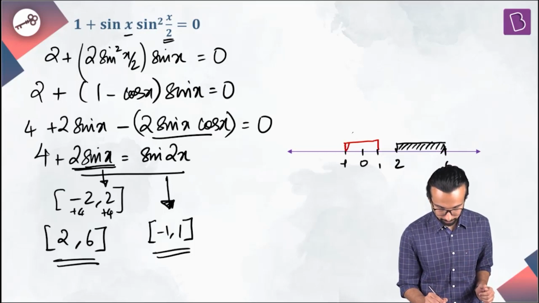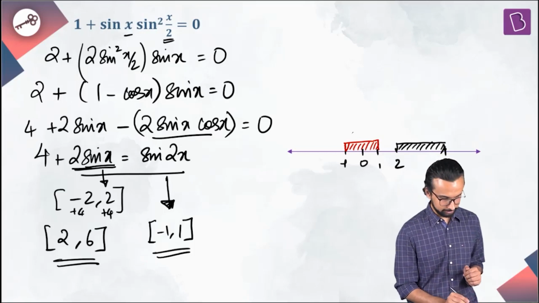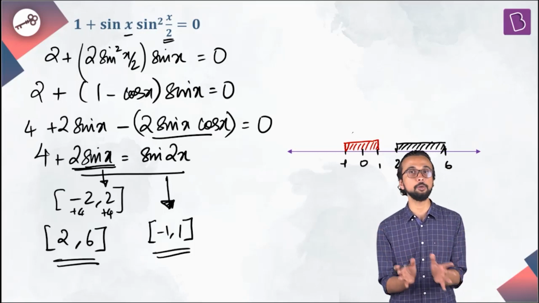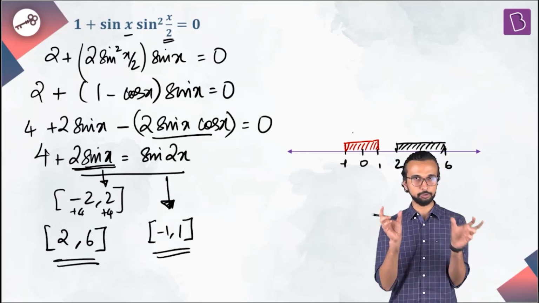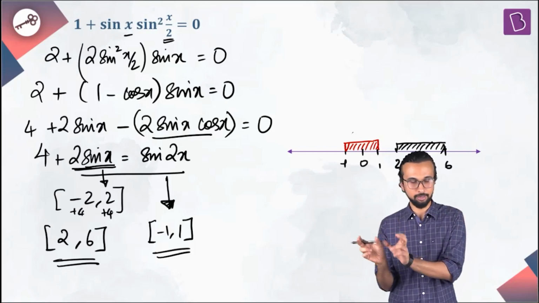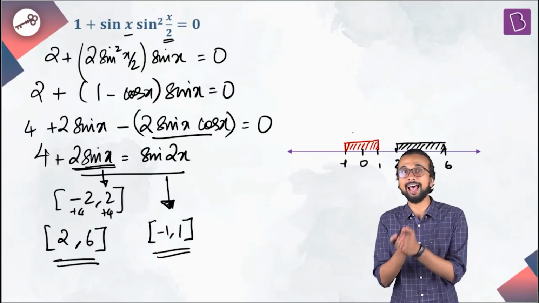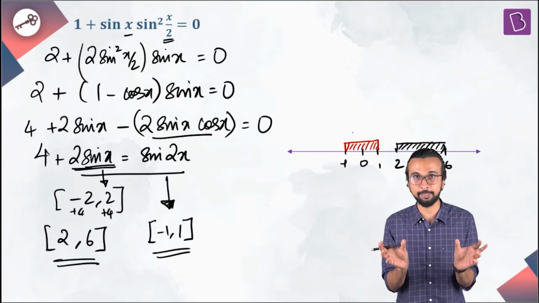You can say that the LHS can never be equal to the RHS, whatever value of x you put, because at the same time both should hold the same value for them to be equal. If my RHS is between minus 1 and 1 and my LHS is between 2 and 6, they can never be equal at the same time.